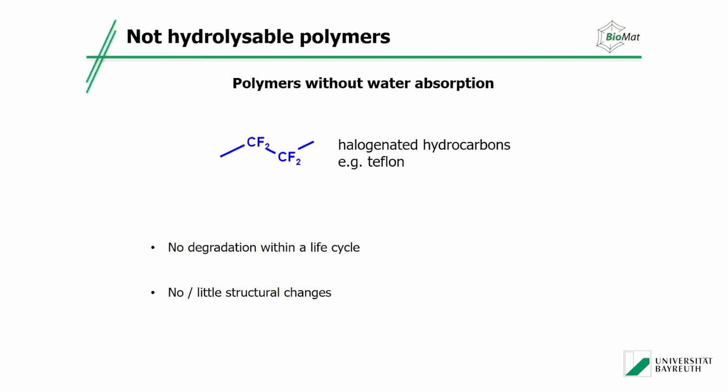So bypasses or vascular structures, because blood is the most extreme and most aggressive liquid we have inside our body. And therefore you need something like Teflon that does not absorb water and that's not hydrolyzable. So halogenated hydrocarbons, they have within a human's life cycle no degradation. Yeah?